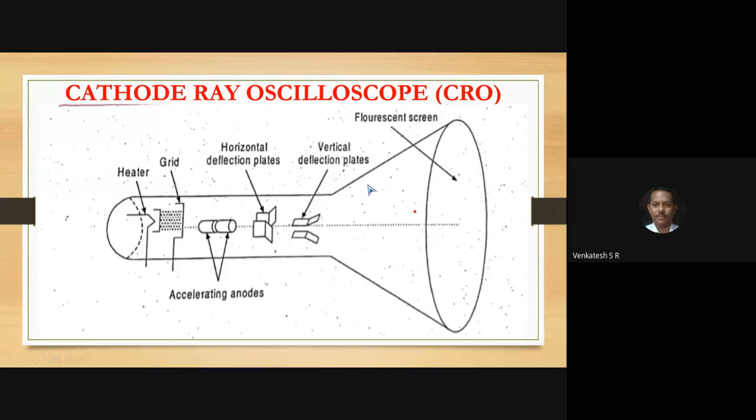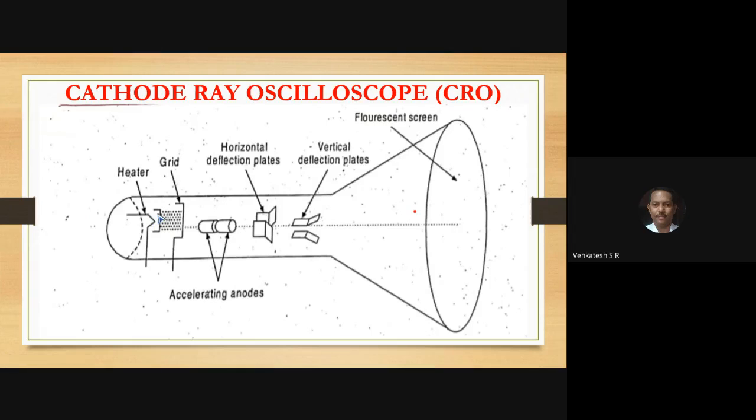Now the principle of operation of CRO is like this. This is the heater, and the filament is present in the heater. Due to the electrical current, the filament starts to produce an enormous amount of electrons.